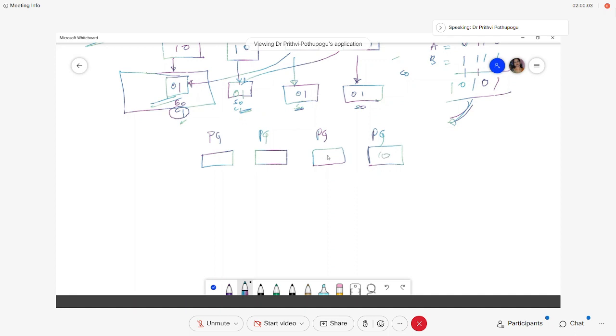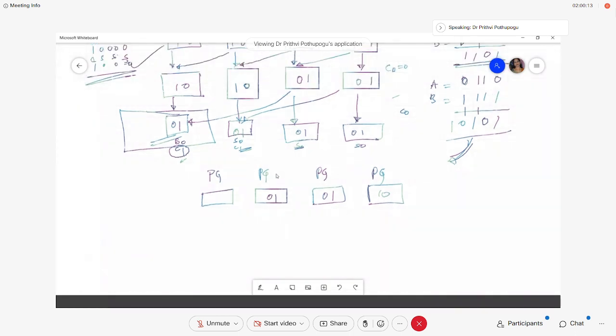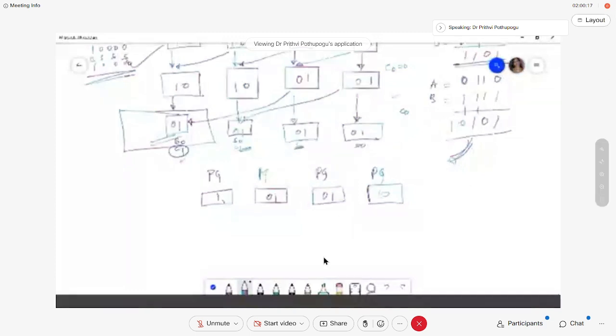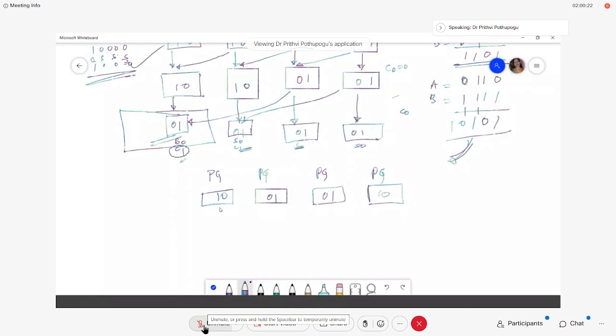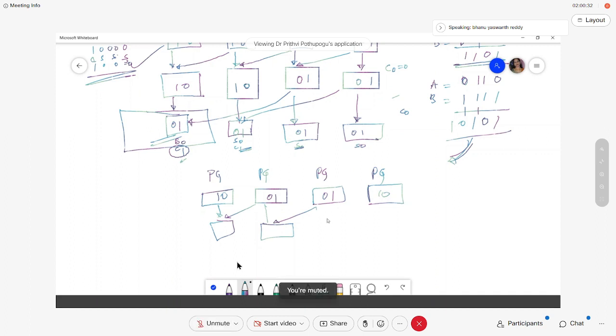Propagate, generate is 1, 0, 0, 1, 0, 1, and this is 1, 0. For the second thing I'm taking, the second value, not the first one.